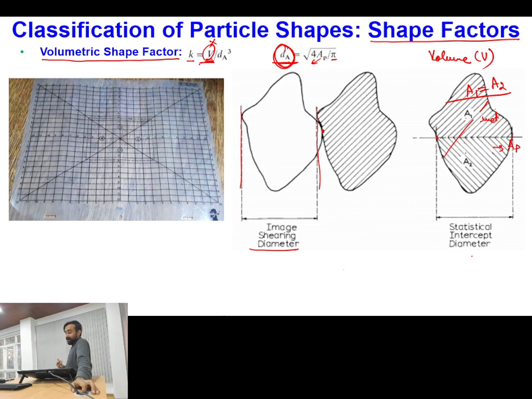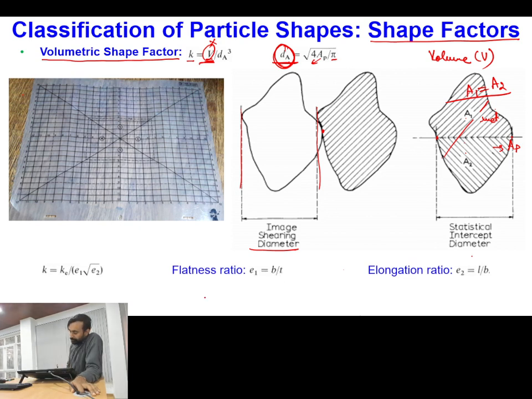Okay, so that's why there is another approach which we can employ for practical considerations. So for practical considerations, what we need to do, we need to define two ratios. One is called the flatness ratio, and second is called the elongation ratio. Okay, so any particle you are having, you have to first superimpose three mutually perpendicular planes on that particle.